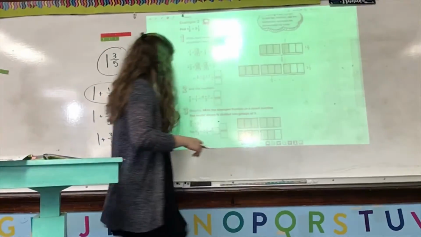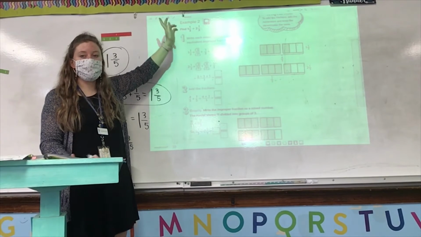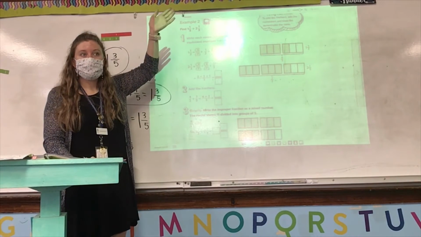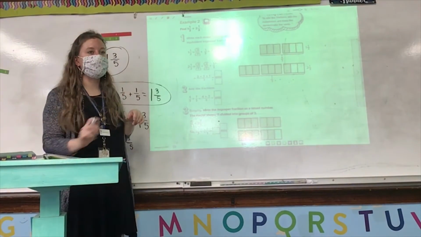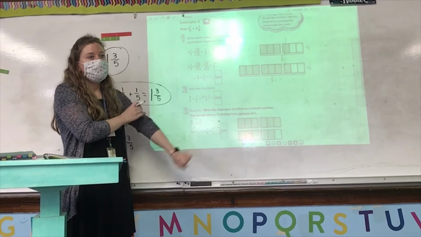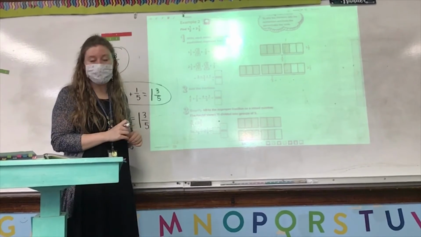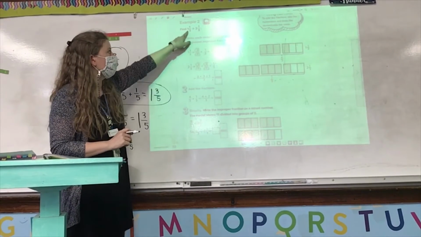So, to take mixed numbers and turn them into improper fractions, first we do what? Carla. Start with the denominator. And what do we do with the denominator? We multiply it with the whole number. So not with, but by. By the whole number. So we're going to take 1 1/3.